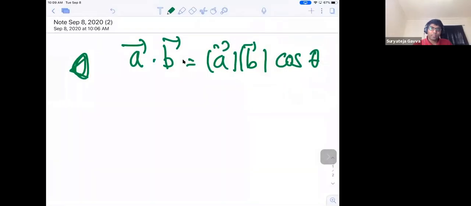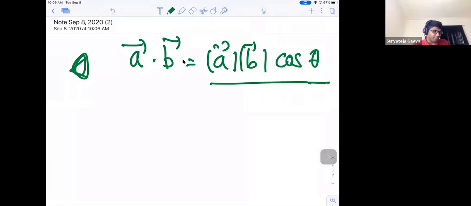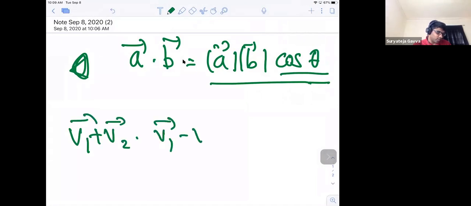Can you see it now? Okay, so the dot product can be related to the angle between the vectors. Do you know this already? Yeah, I read the chapter. So A dot B can be written in terms of the lengths of the vectors and the angle between them. So he's asking about the angle between, say, V1 plus V2 and V1 minus V2.